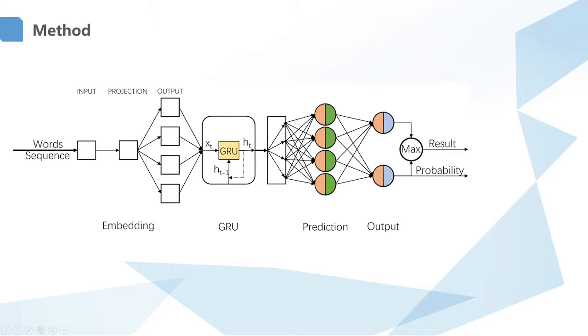Our neural network structure is like this. It starts with the embedding layer, enters the GRU network, takes its output as input to the fully connected neural network, and finally outputs the prediction result.